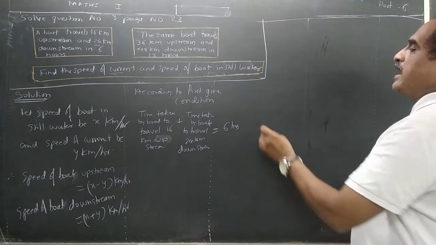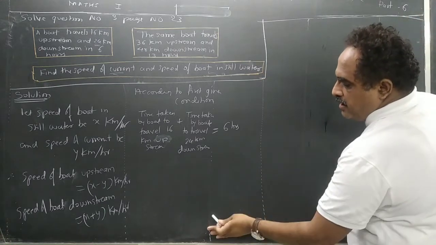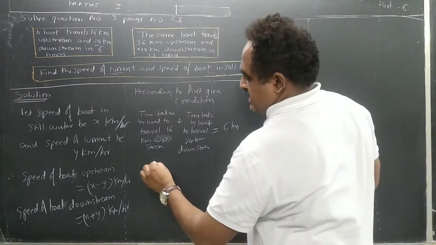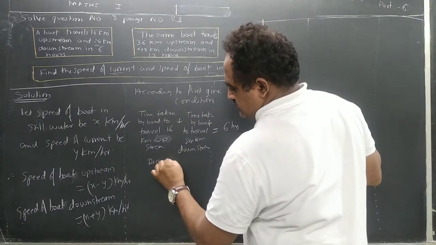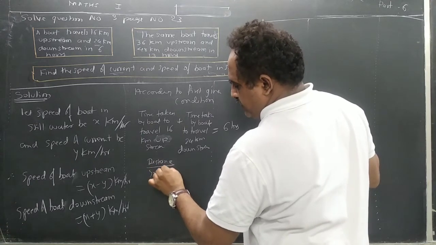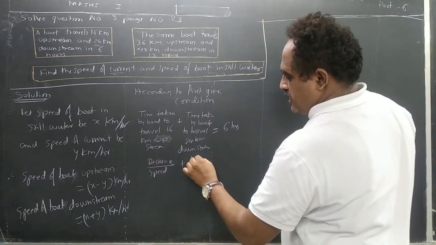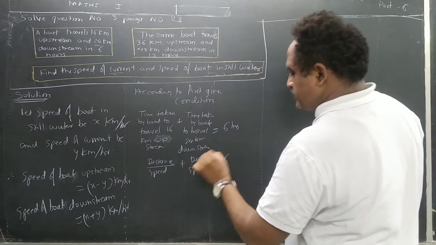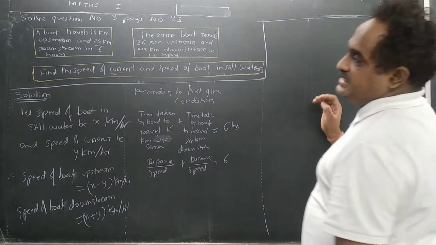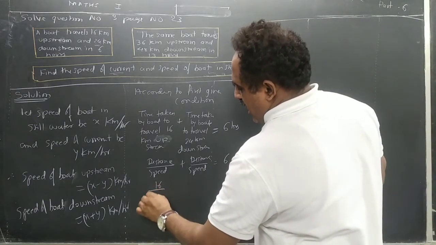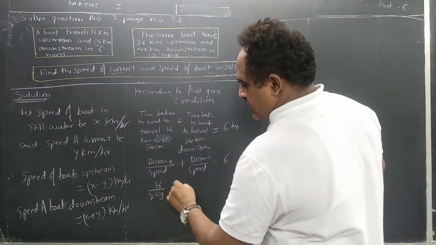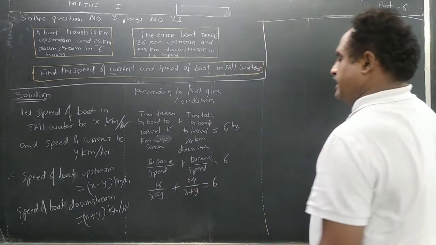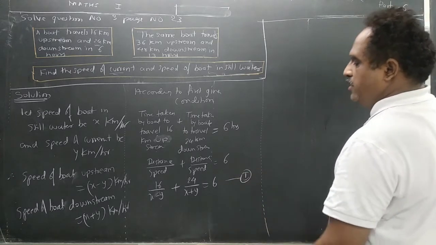So what we can do is apply the formula: distance upon speed plus distance upon speed is equal to 6. That is 16 upon x minus y plus 24 upon x plus y is equal to 6, as equation 1.